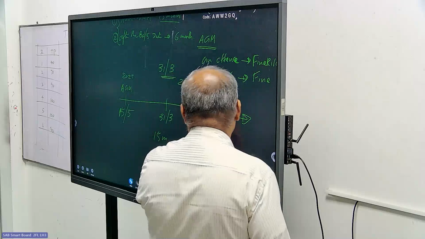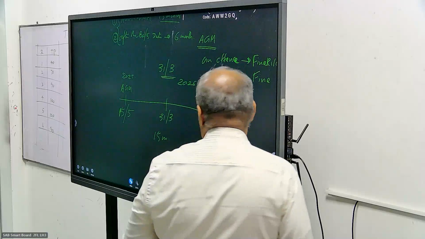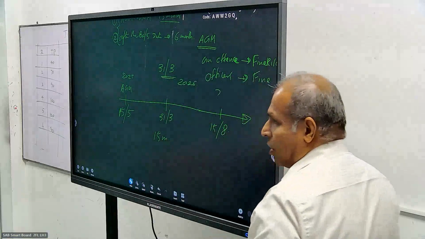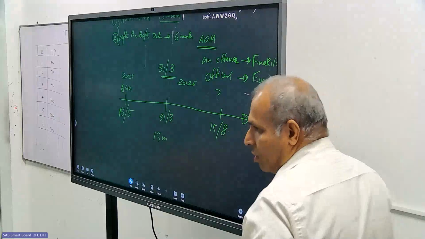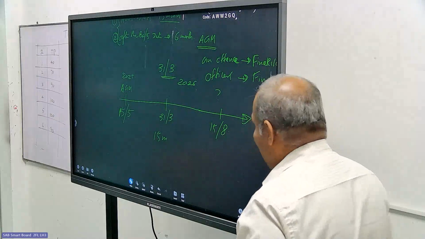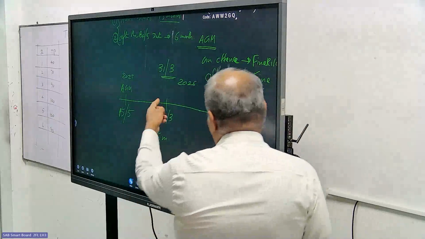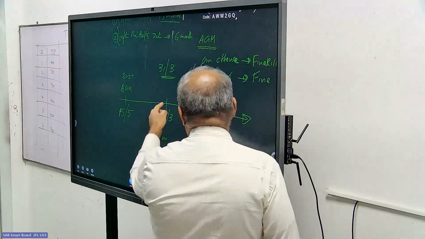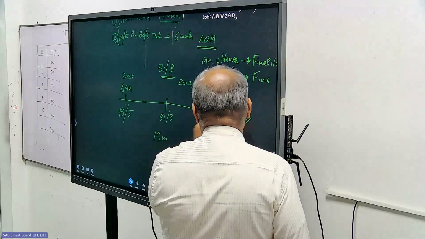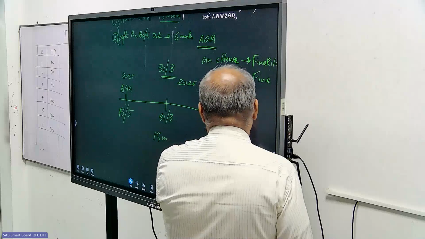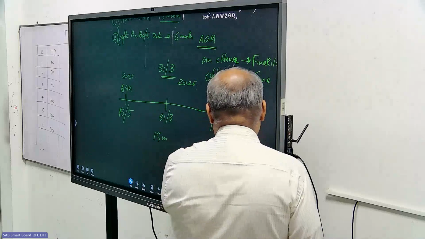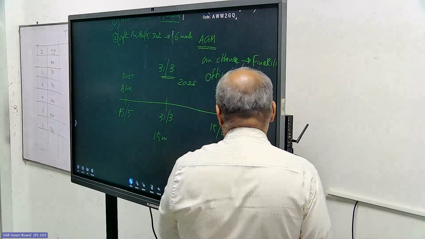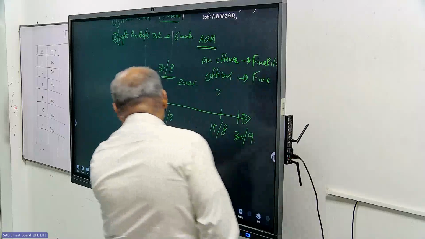15 August 2026. Then, after the balance sheet date, but not later than 6 months. So when we consider 6 months, that is 30th September.